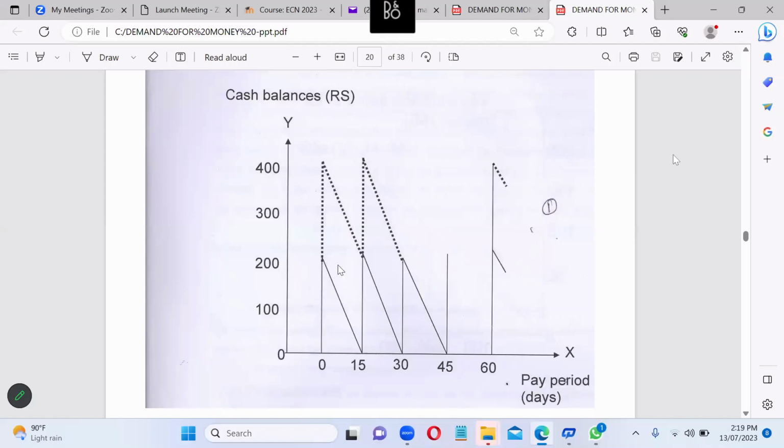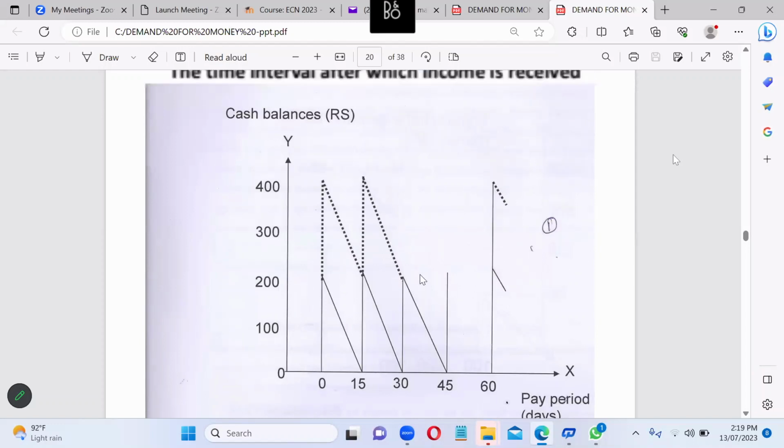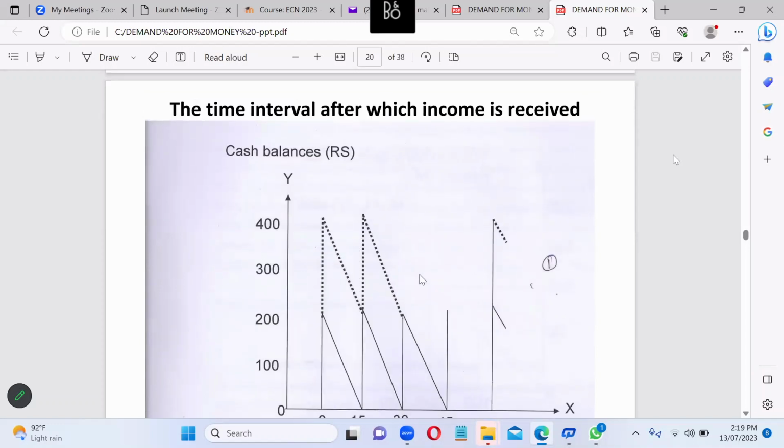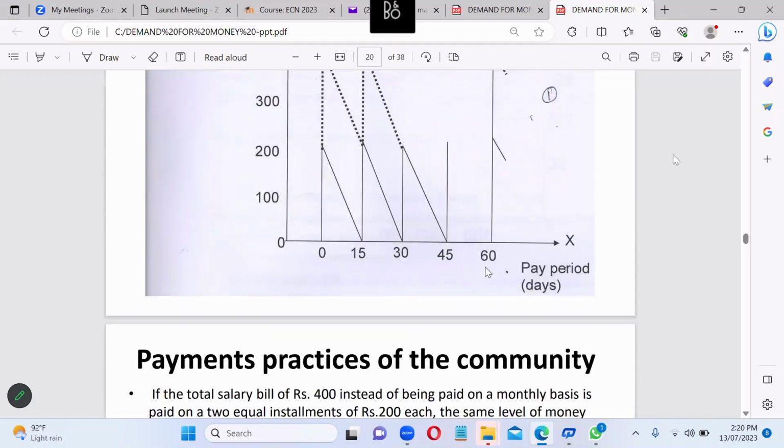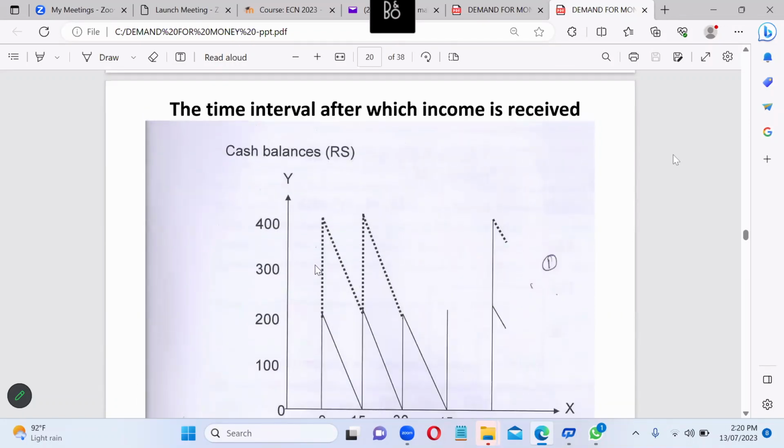The interval gap is 15 days, 15 days. That is called the paying period. Within each 15-day interval, we use the money of 200. At day 0 we use 200, after 15 days we use 200, and after another 15 days we use 200. Likewise, the cash balance and pay period go on.